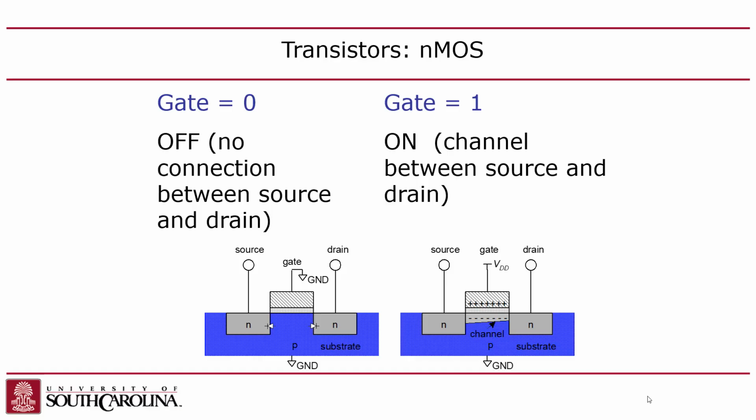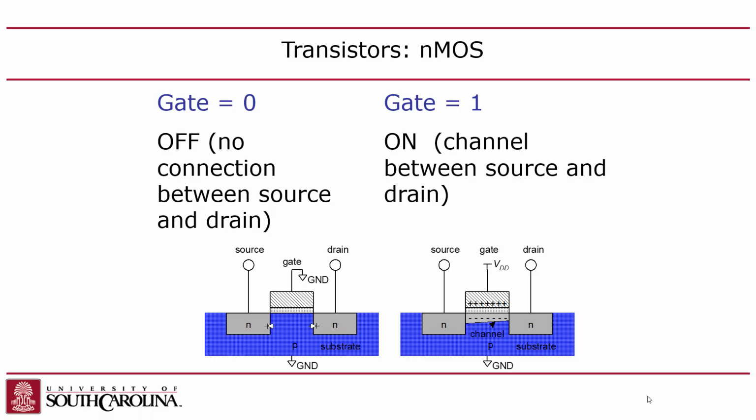So basically, an N-type transistor will turn on, meaning that it will electrically connect the source and drain, when you have a positive voltage between gate and channel, right?